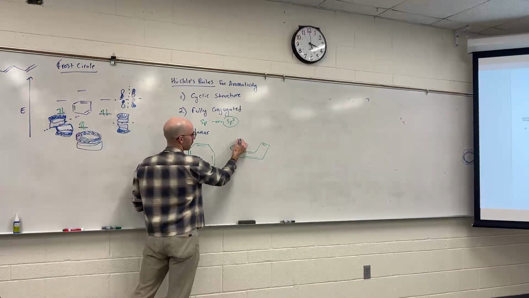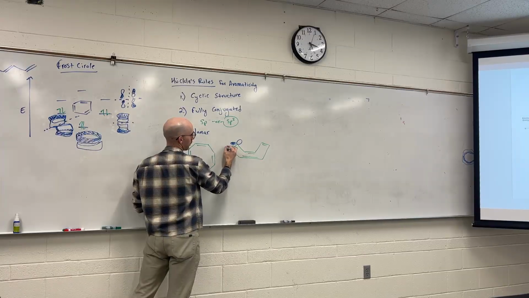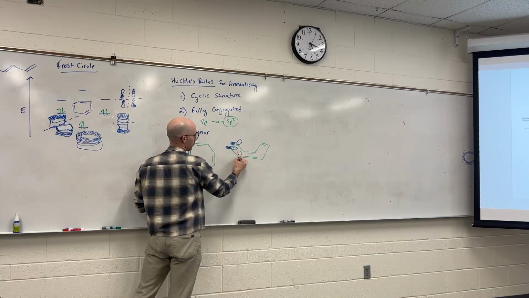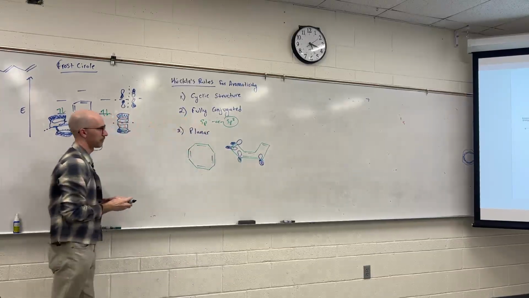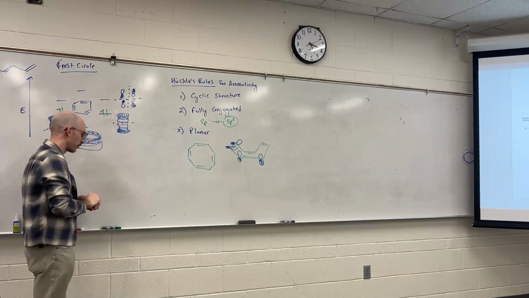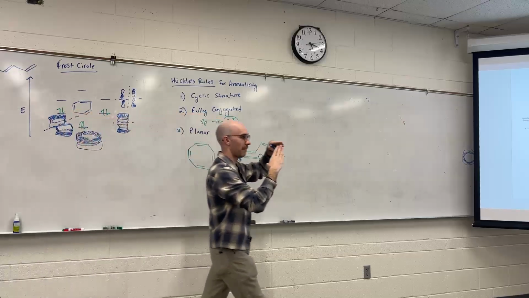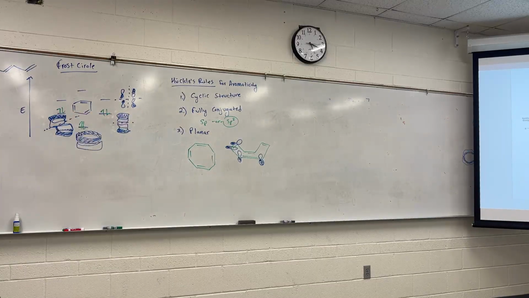So if I sketch in the p orbitals for this pi bond, and then I sketch over the p orbitals for this pi bond, we see that the p orbitals meet at almost a 90-degree angle.